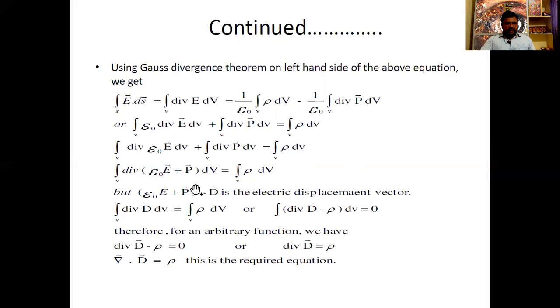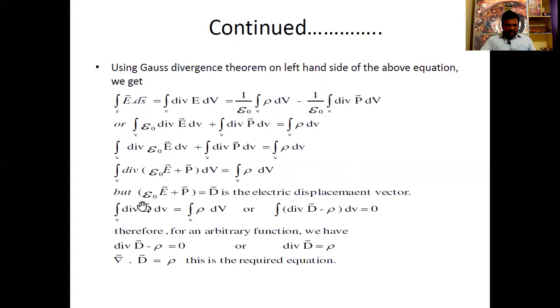But we know that epsilon naught E bar plus P bar is equal to D bar. This is called the displacement vector in electricity and magnetism. So instead of this, we can simply write D bar.